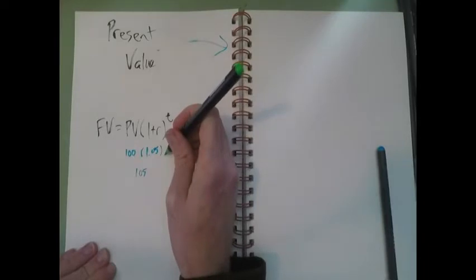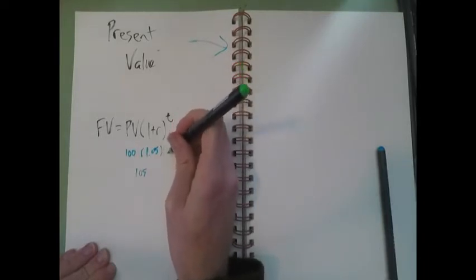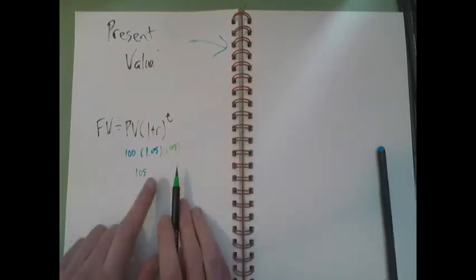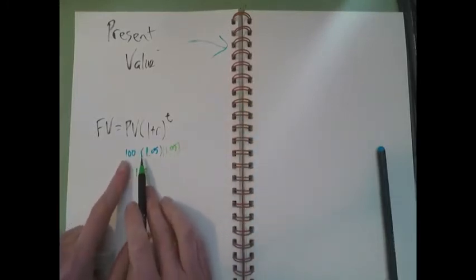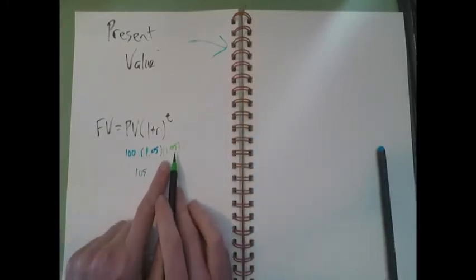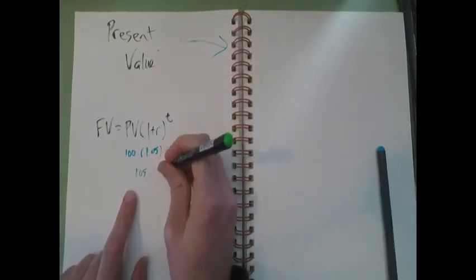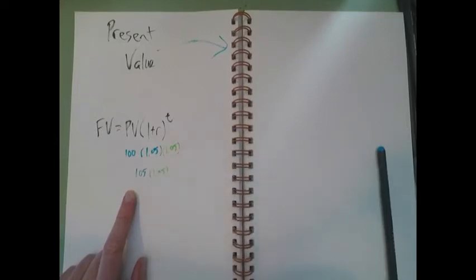Now, if you go away and you leave your money for another year and get another 5% interest, now you're getting this amount, but you're getting interest on it. So now you're getting $105 and you're getting another year's worth of interest there. Well, let's see, how much is that going to be?